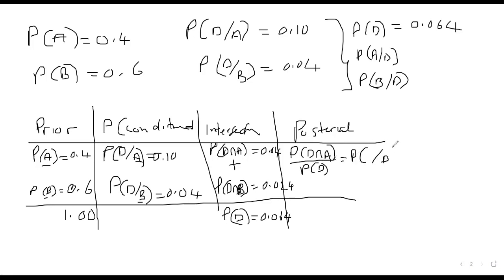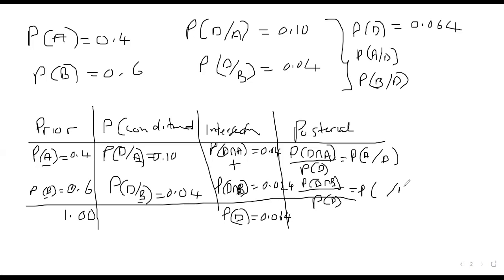So here D will come down there. So the other letter, there are obviously two letters, so A will come up. So A intersection D over D would be A given D. How about D intersection B over D? What would be this conditional probability? What will come down?